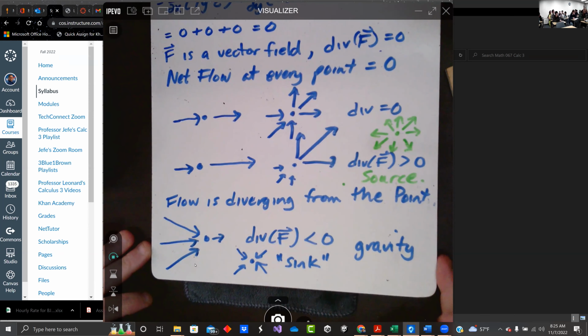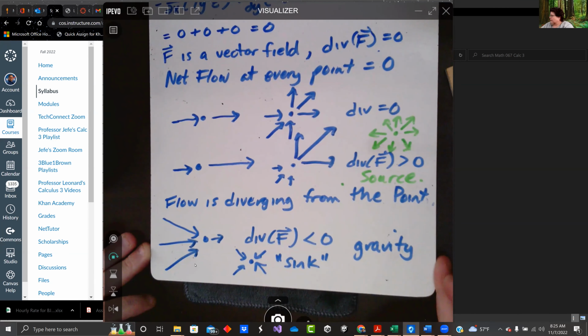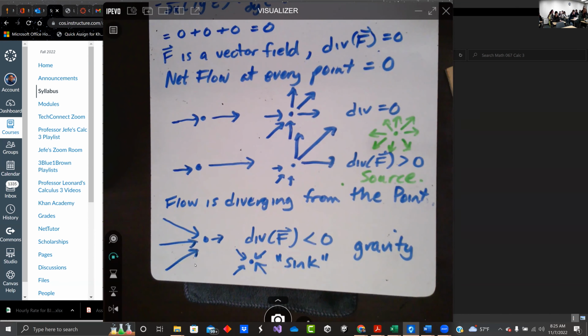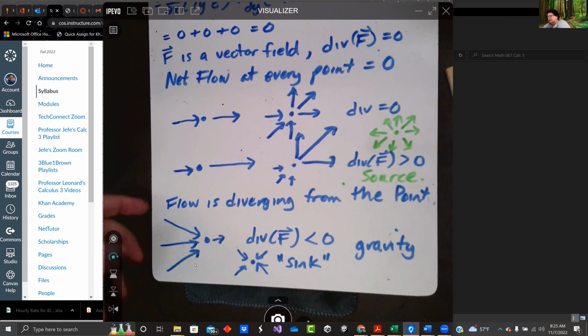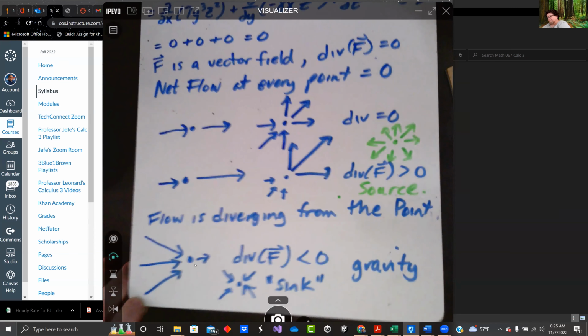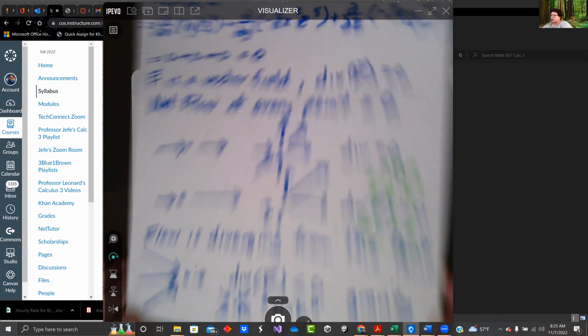Okay, let's do the curl for this problem. You guys ready for more? Take a look at the curl.